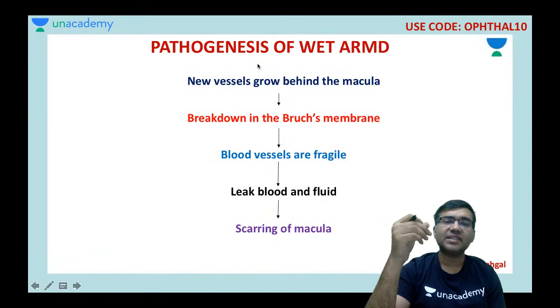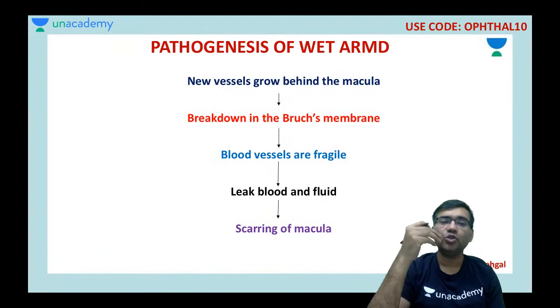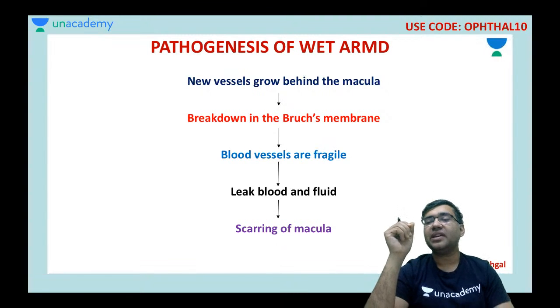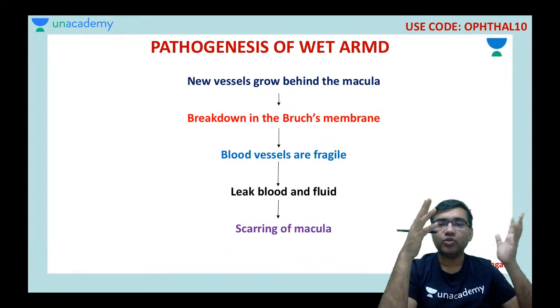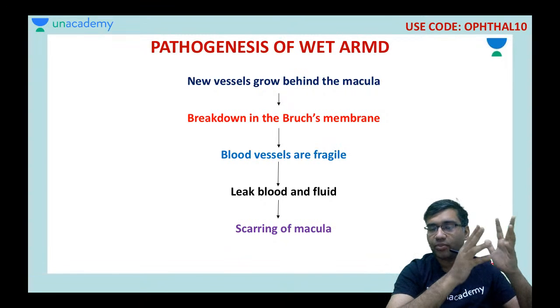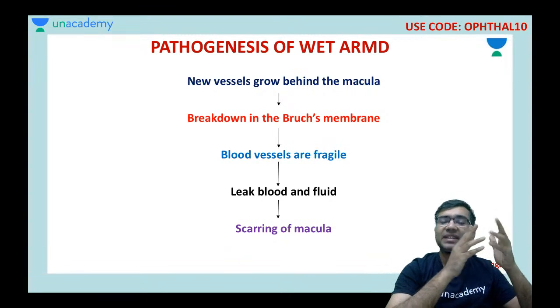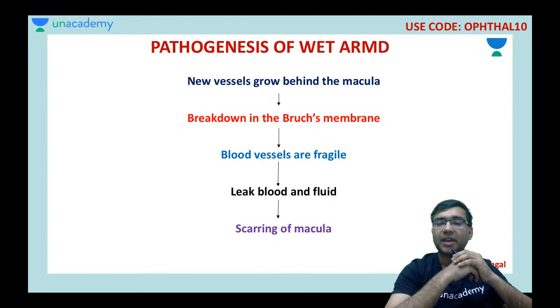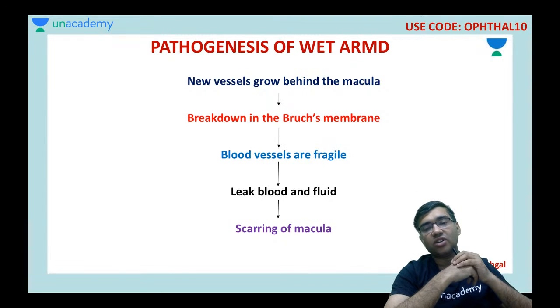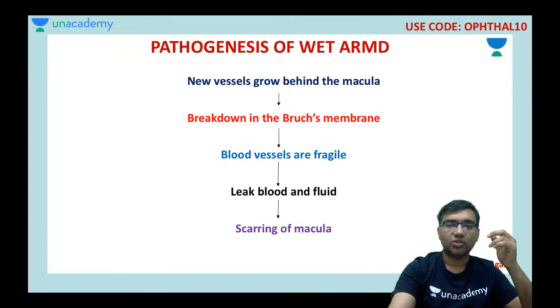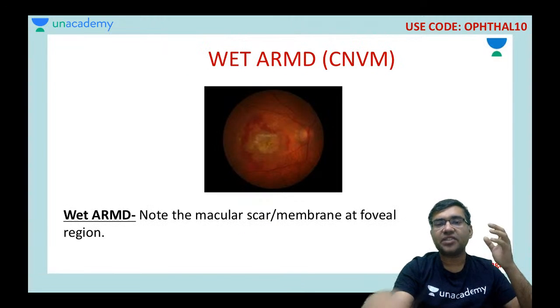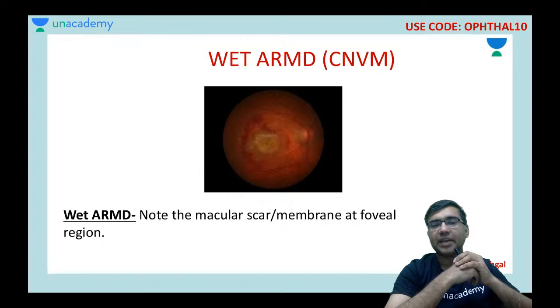So what is the pathogenesis? First of all, the new vessels grow behind the macula. They break down the Bruch membrane. These vessels, because these are new vessels, do not have a very good wall. So they basically leak blood and fluid in the macular region, which would basically cause the scarring of the macula. Okay, so this is the picture where you are getting a wet ARMD.